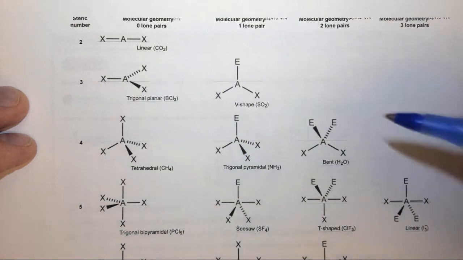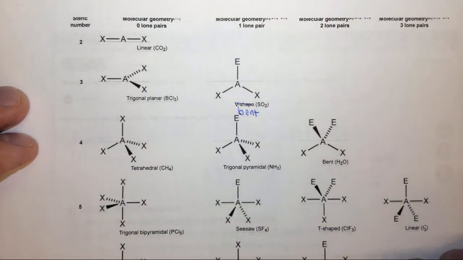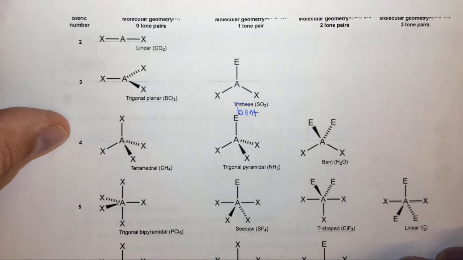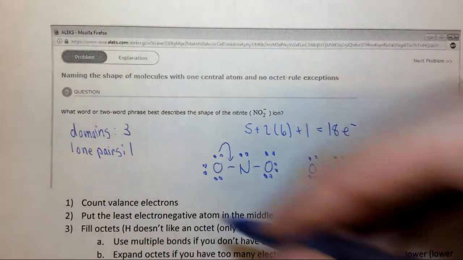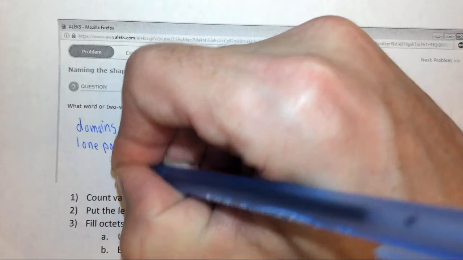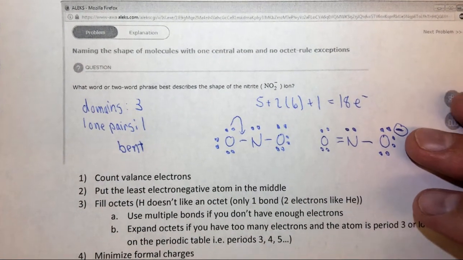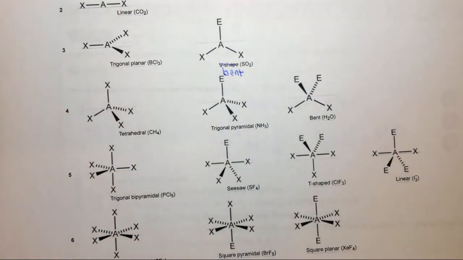And they have here V shape. I've often heard this as bent, so I'm going to go ahead and change that to bent. So I want to put as my shape here for NO2 as bent. So sometimes the things from Wikipedia aren't the best or exactly the same as in the textbook. I've heard 3-1 called bent before.